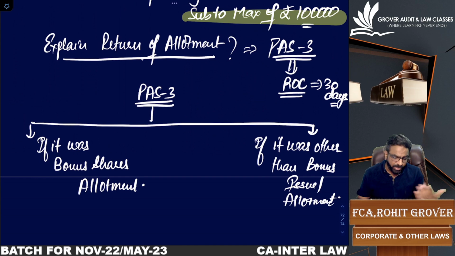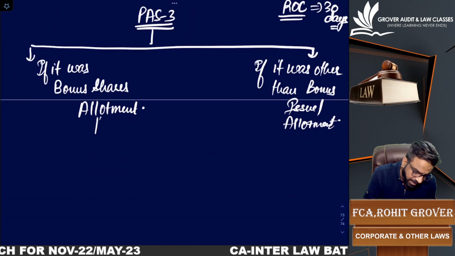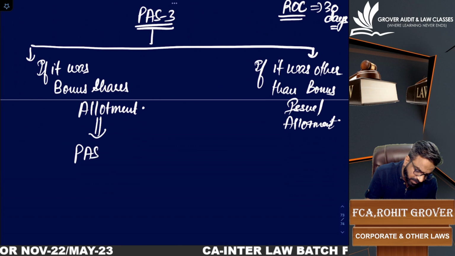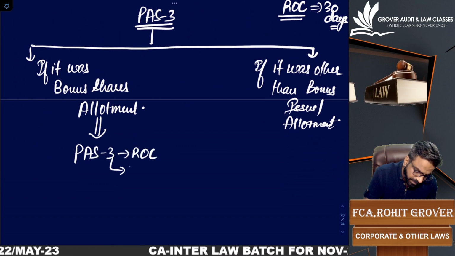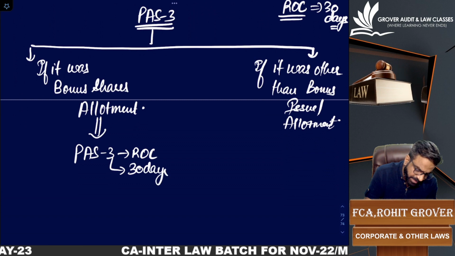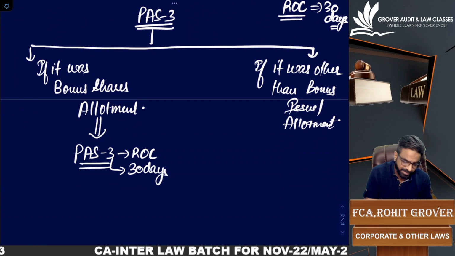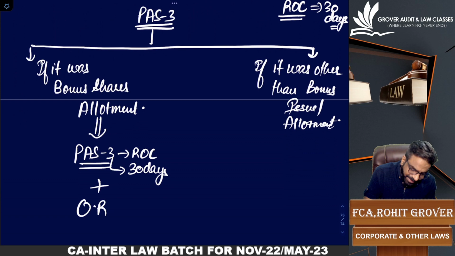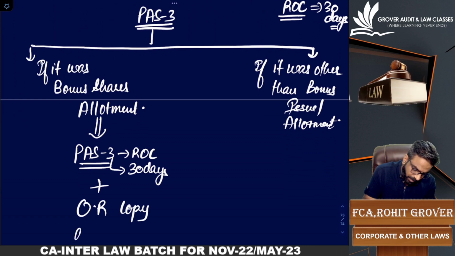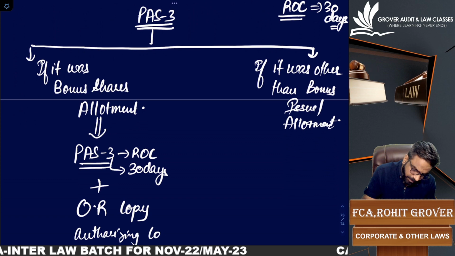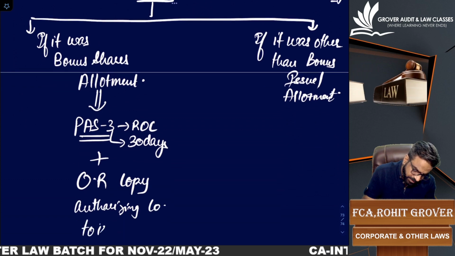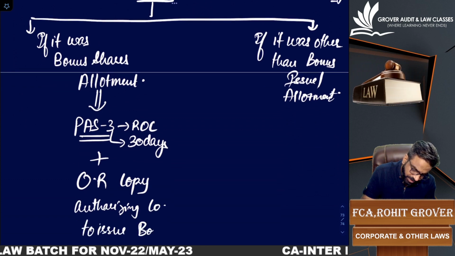Now, if it is a bonus issue, we have to file PAS3 with the ROC within 30 days, plus the ordinary resolution copy authorizing the company to issue the bonus shares.